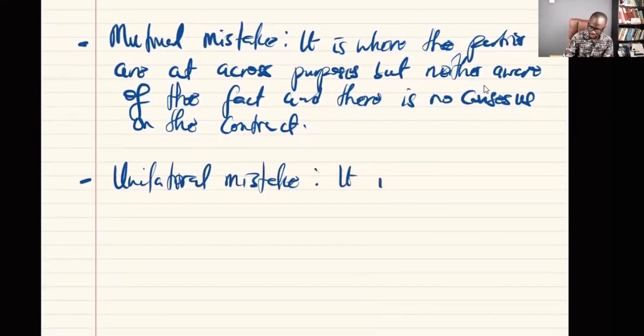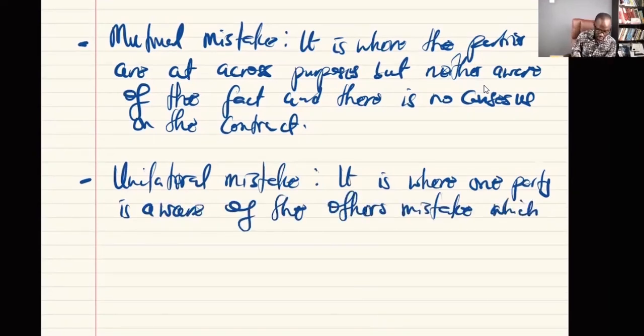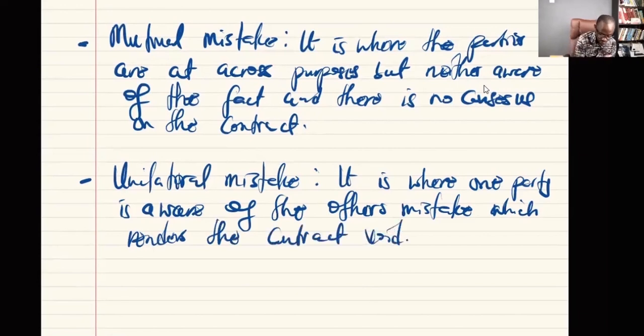It is where one party, now uni means one, is aware of the other's mistake, which renders the contract invalid or void. So that is the idea about mistake. This one is just one party making an error or committing an error to a contract.